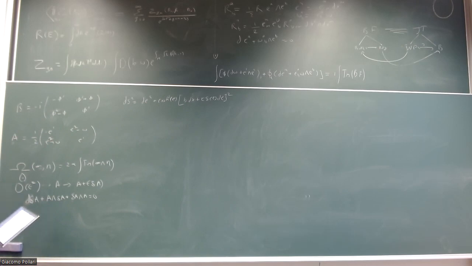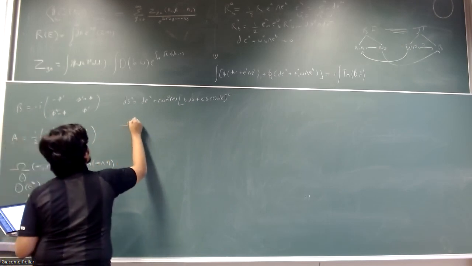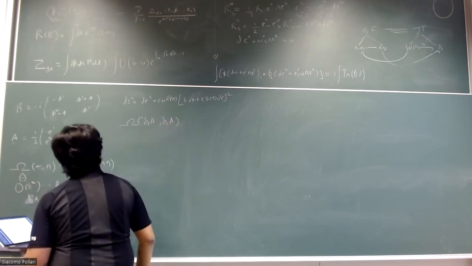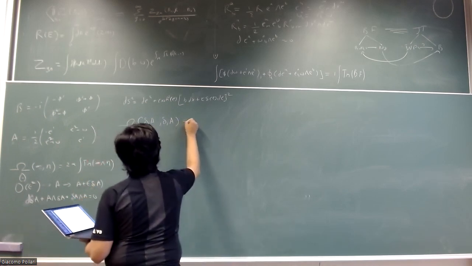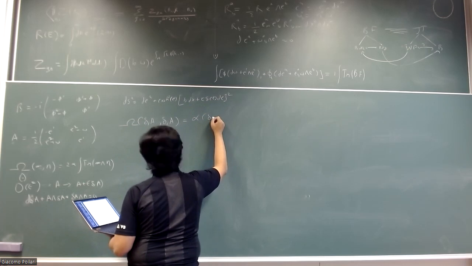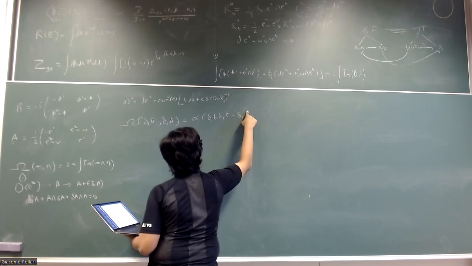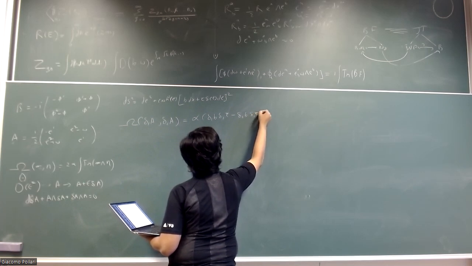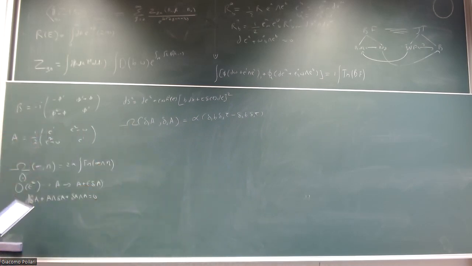And then if you introduce two such deformations that are compliant with this condition, you get this, which is again going back to the Weil-Petersson form.